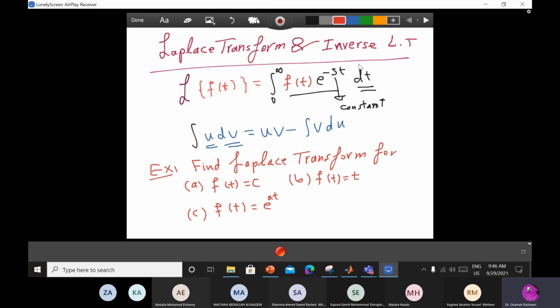Okay, and then we will go for dy by dx or f dash of x, and the last one, sorry, I should have t as independent variable. This is the default. Or f dash of t. The last one, d square y by dt square or f double dash of t.